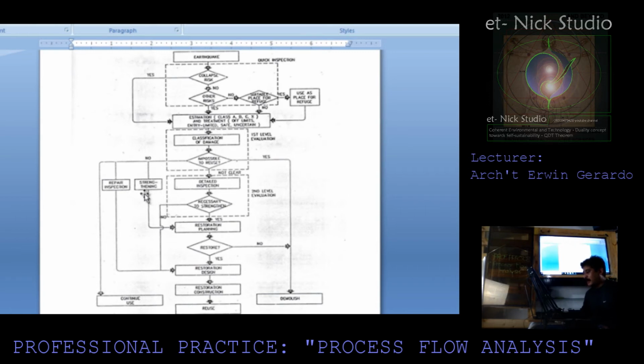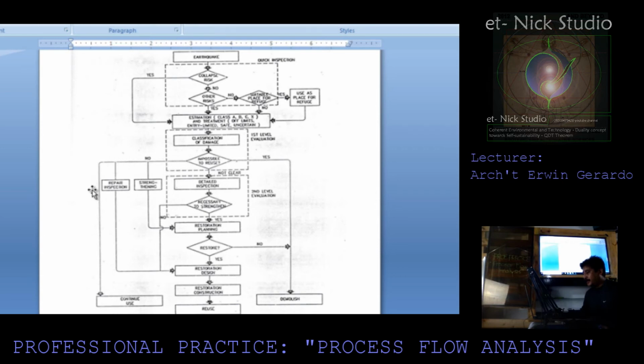Or there might be a repair and inspection. So once again, this is where restoration design will take place. While there is once again another question here: is it possible to reuse?